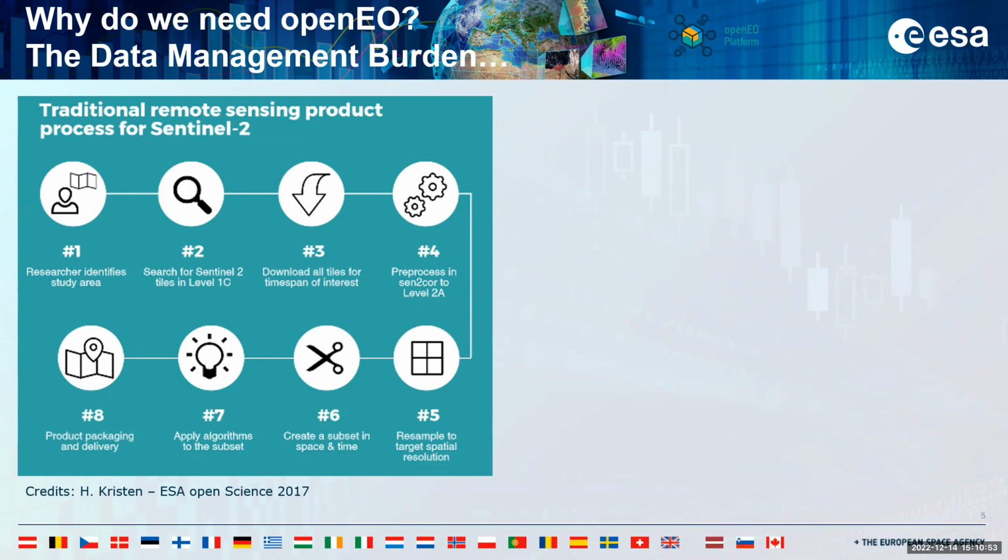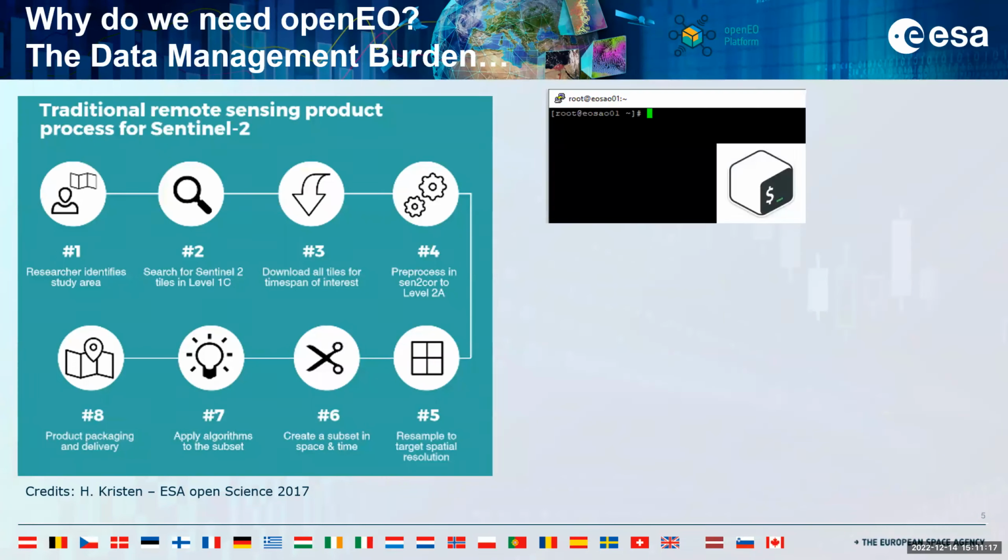Probably some of you have seen this slide. So in a traditional remote sensing way, you as a researcher, or myself as a researcher, identify your study area. Then you search for the Sentinel-2 level 1C collection because you are interested in optical data. Then you download all the files and you start to care about them. Then you use Sen2Cor or FORCE to pre-process these files to level 2A.